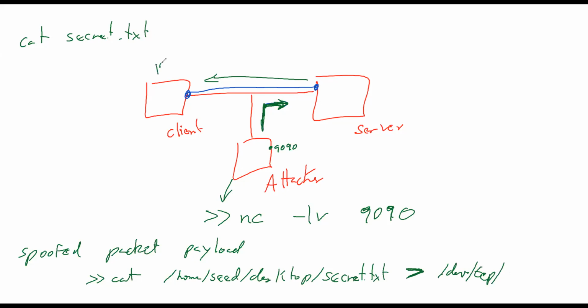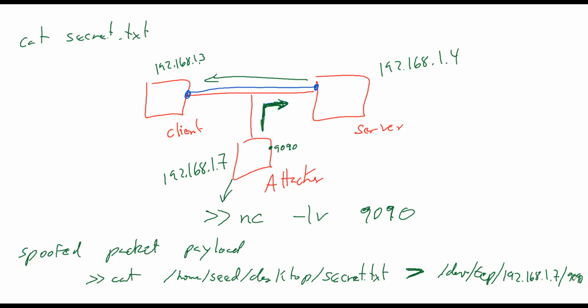Let's say this is 192.168.1.3, this is 192.168.1.4, and this one could be 192.168.1.7. So then we're going to send it to 192.168.1.7 on port 9090. Does this make sense, guys?